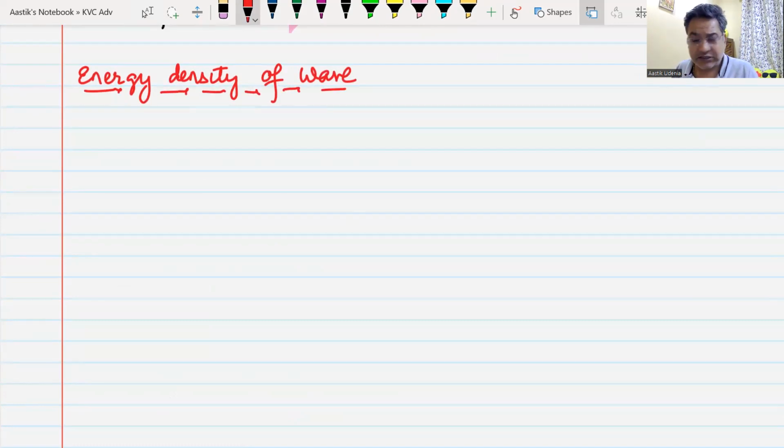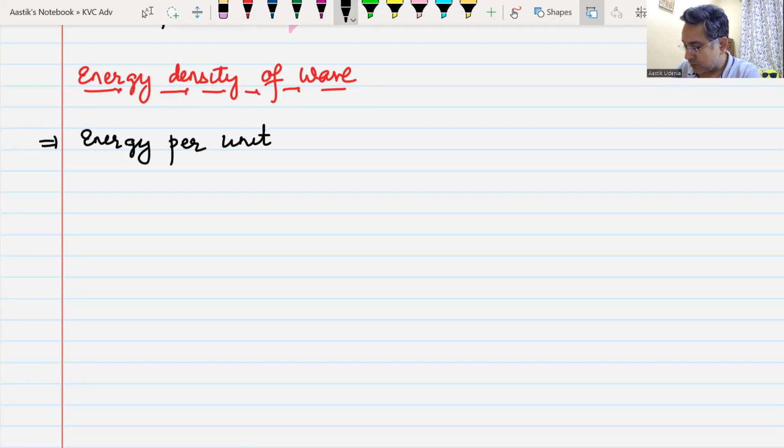This term is going to come a lot of times, starting from the next chapter, electrostatics: energy density of the electrostatic field, energy density of the magnetic field. Have you heard this term, energy density? Energy density simply means energy per unit, per unit what? Energy per unit.